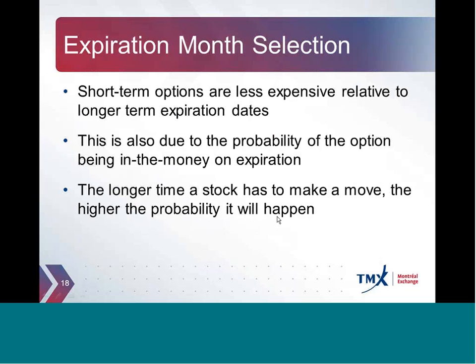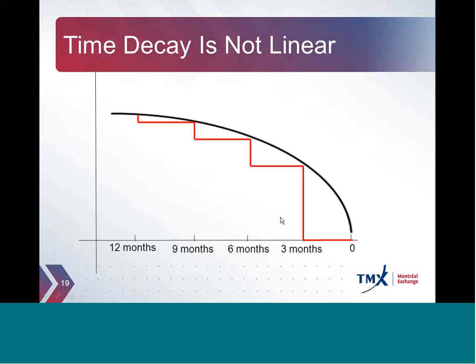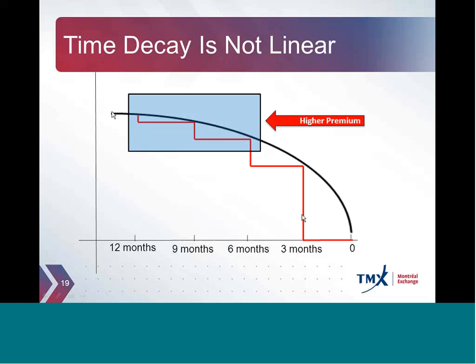So what we want to understand is that when we look to purchase an option contract, we are really considering how that option contract fits on this time depreciation curve. It's just to illustrate that when we go 6 months, 9 months, 12 months out, the rate of time depreciation is a little slower because the market steps back and recognizes that there's still lots of time left, the stock can take a little detour, but there's a reasonable probability that it's going to make a move within that time frame.